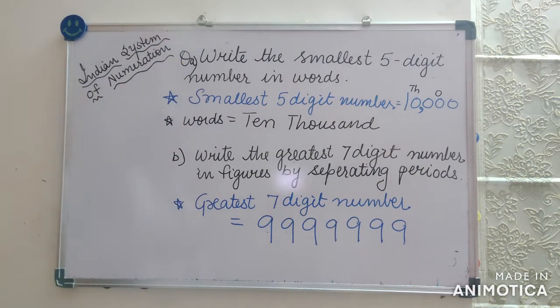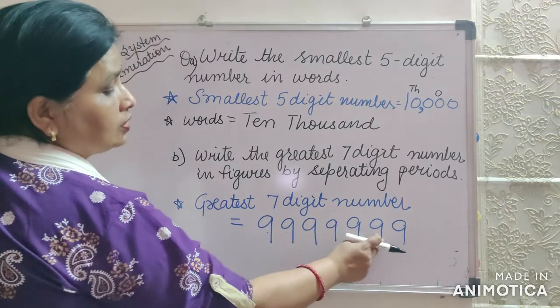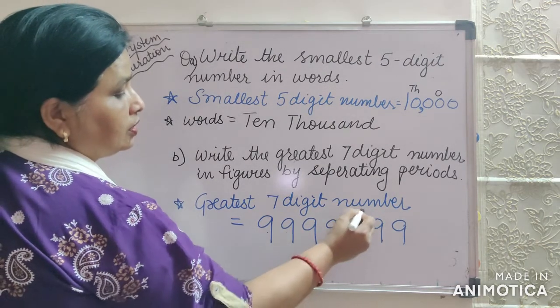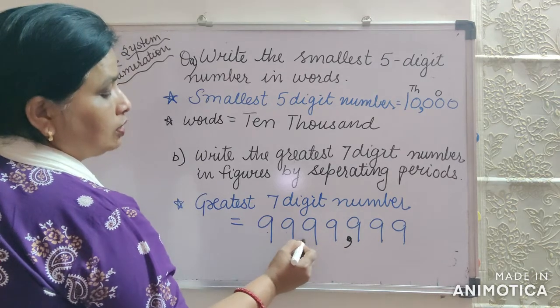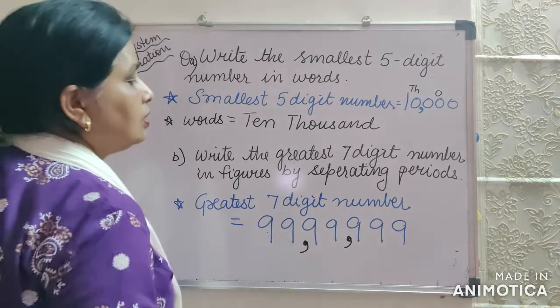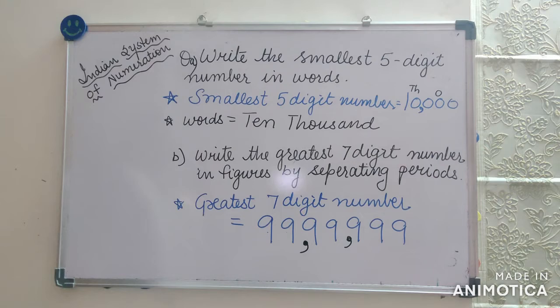And after that you will have to separate it according to the Indian number system. So ones, tens, hundreds, it means here it is the ones period, then the thousands period. Right children? So like this you will do both the sums.